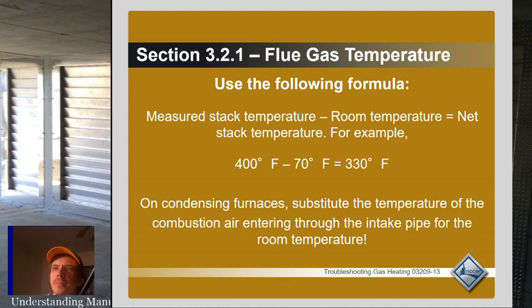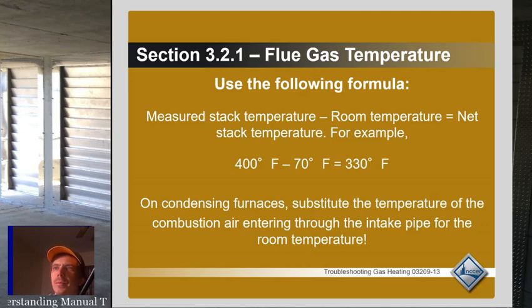For flue gas temperature, to determine the actual flue gas temperature, you want measured stack temperature minus room temperature equals net stack temperature. So if the flue is 400 degrees, you subtract the temperature in the room, which is probably going to be somewhere around 70 degrees most of the time, right? And you'll get a net stack temperature of 330 degrees.